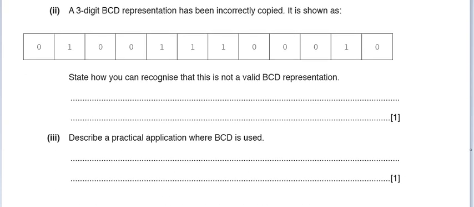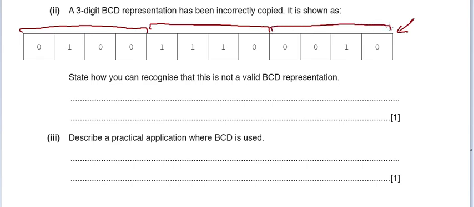This question says that a 3-digit BCD representation has incorrectly been copied. It is shown as this. State how you can recognize that this is not a valid BCD representation. Okay, let's take a look. These 4 bits make up the first digit, these 4 bits make up the second digit, and these 4 bits make up the third digit. When we convert this by applying weights, 1, 2, 4, 8, this comes out to be 4.